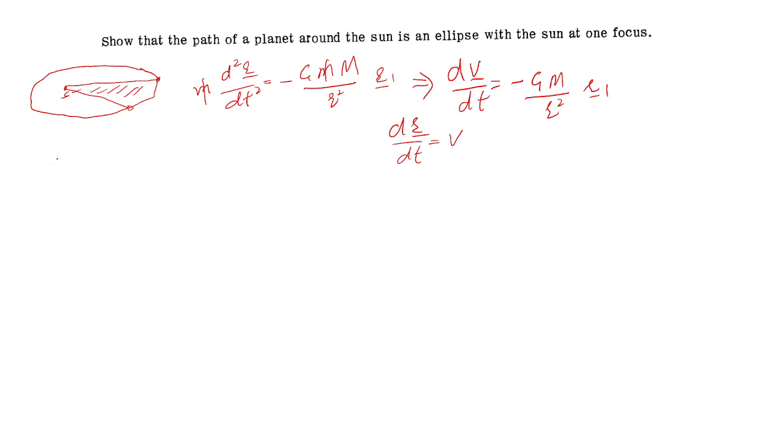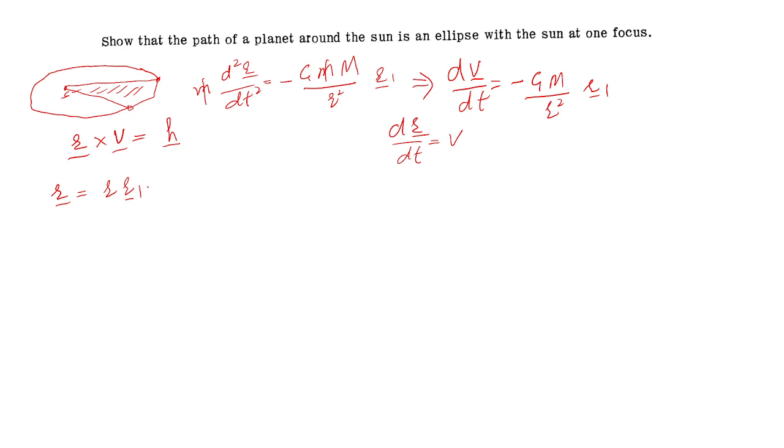Now in the previous question we showed that r cross v is a constant vector. R cross v is a constant vector, so I name the constant vector as h. Now r can be written as the magnitude of r times a unit vector along r.